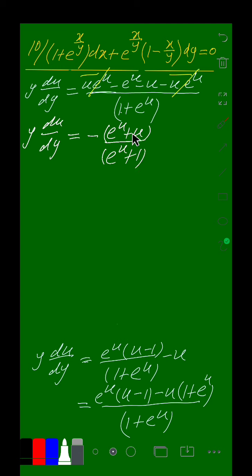Now transposing this expression of u to left hand side and y dy to right hand side, we get e raised to the power u plus 1 upon e raised to the power u plus u du is equal to minus 1 upon y dy. So transposing y dy to right hand side, this y goes in denominator and this dy goes in numerator. So obviously this is variable separable form, so integrating both sides.